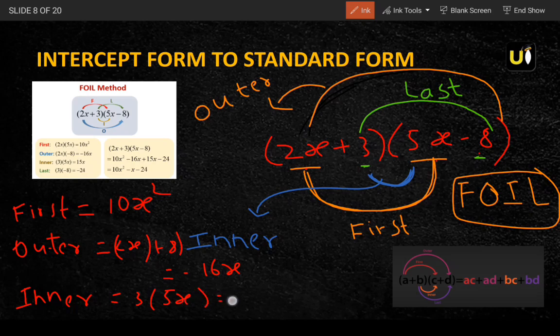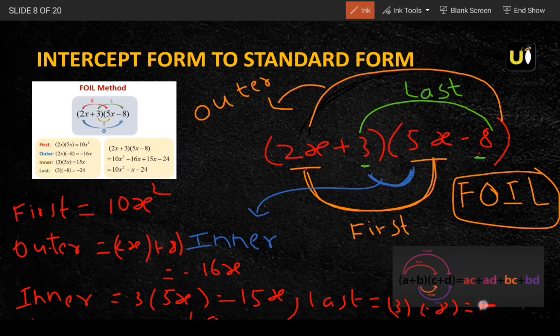So now what we have to multiply? First ones, the last, inner and the outer. Okay, firstly, the first multiplication will give you 3x into 5x, that is 15x square.